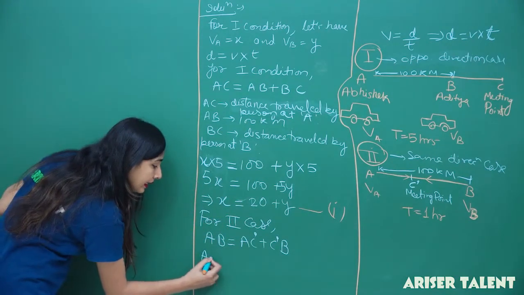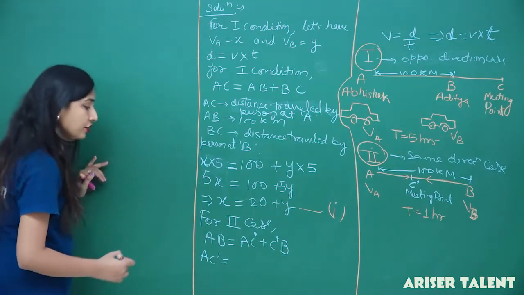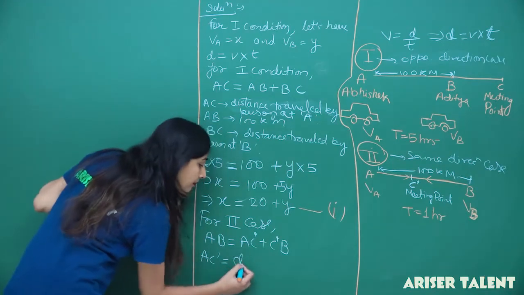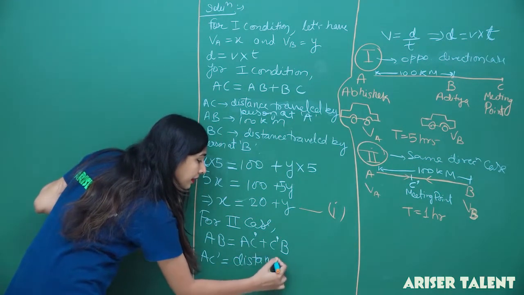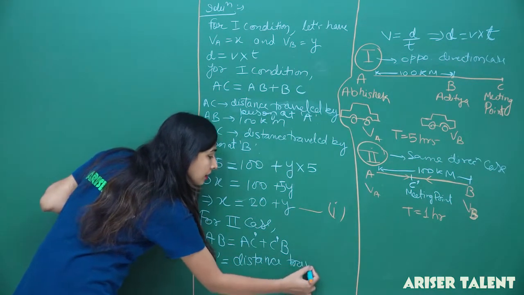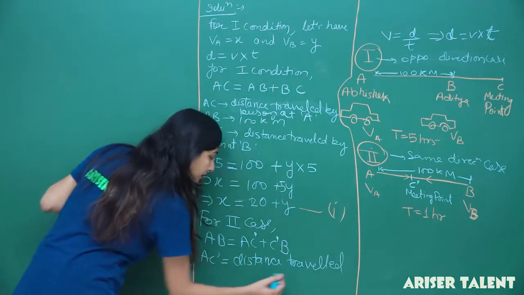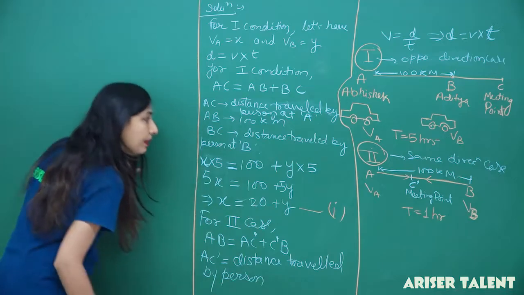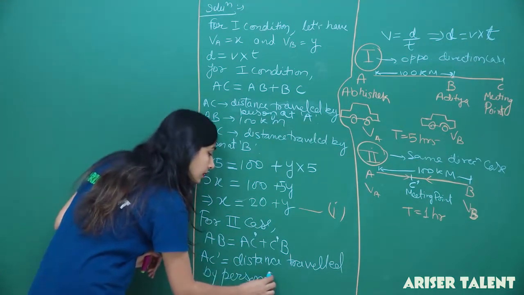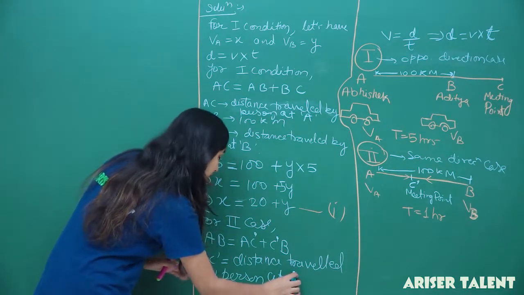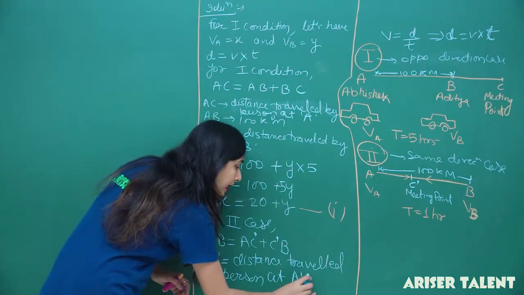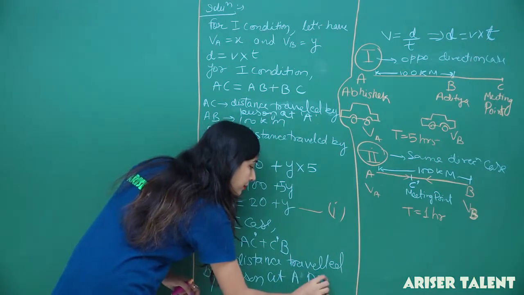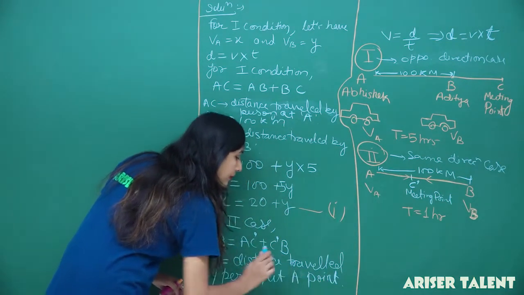So here AC dash equals the distance travelled by the person at A point, only A point.